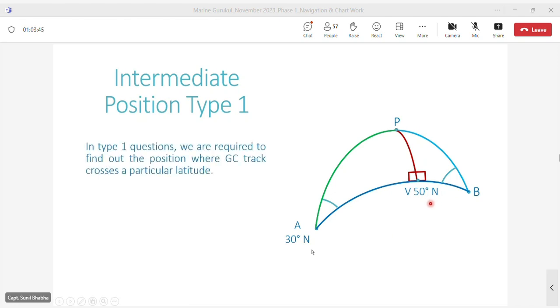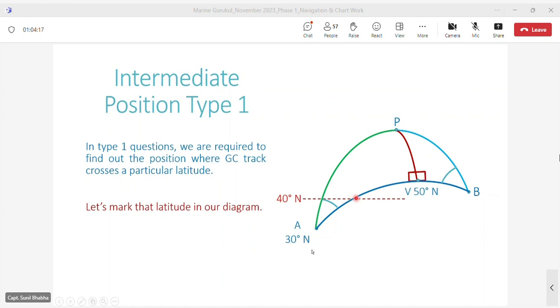In this type of question, they ask us to find out the position where the great circle track crosses a particular latitude. Let's assume that they want us to find out a position where the great circle track crosses 40 degree north parallel of latitude. So you can see this dotted line representing 40 degree north parallel of latitude, and it crosses the great circle track at this particular location.